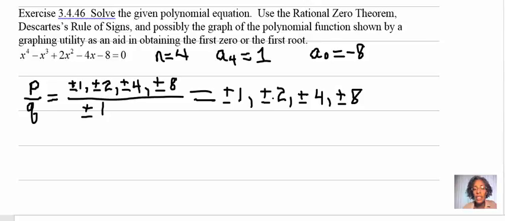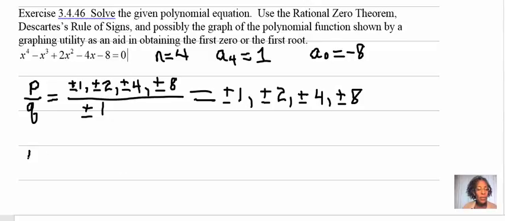And if those give us any numbers that aren't already listed, then they would be added to the list. So an easy thing to do here is to use a graphing utility to see which of these is possibly a rational root by looking at a graph.